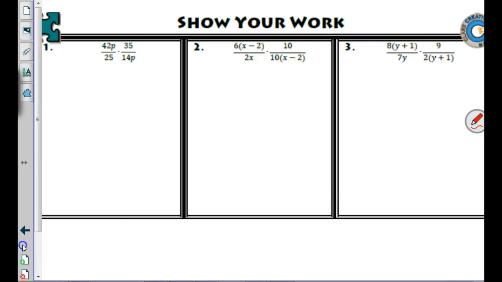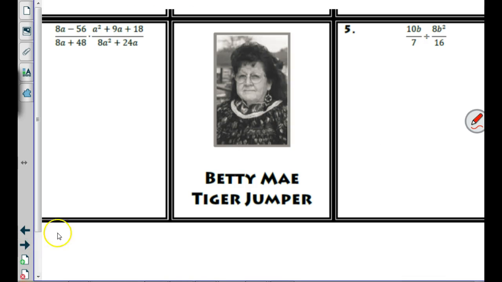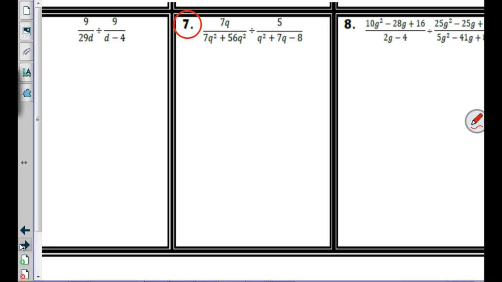Do I even need to do an adding, subtracting, multiplying, and dividing one? Multiplying, dividing, like here you just flip it over and cancel factors, right? Do you remember how to do this? You sure? So you'd have, this is number 7, 7q over 7q times q plus 8. I'm factoring as I go. I'm flipping this one over.